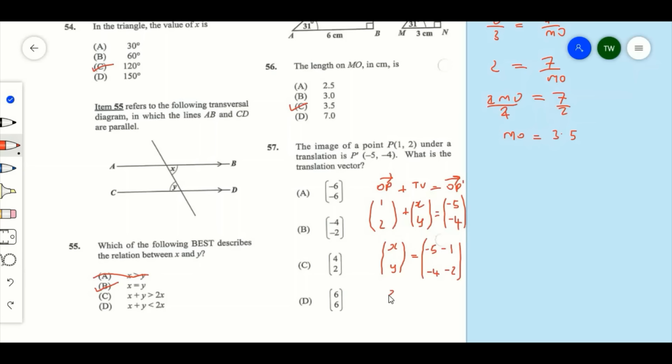So therefore, XY is going to equal -5 minus 1, that's -6, and -4 minus 2, that's -6. So the translation vector is going to be -6, -6, and that option is A in this case.